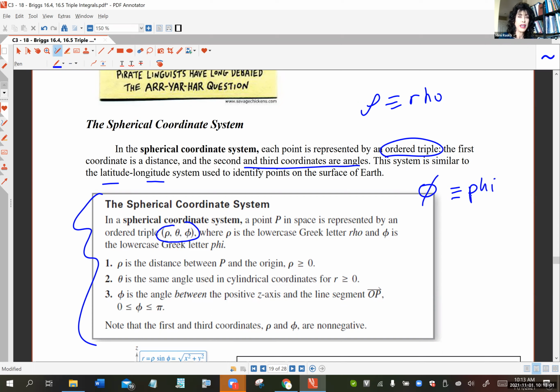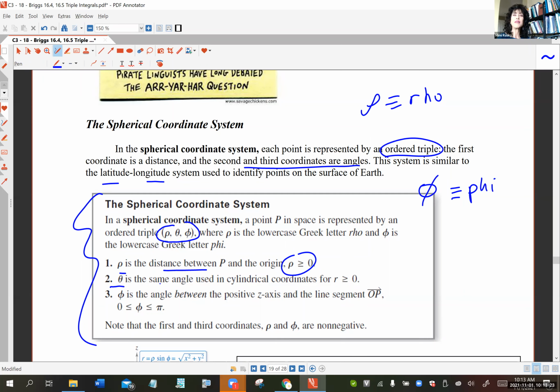Some people pronounce it differently; I've heard different pronunciations. I'm going to pronounce it phi. So rho, theta, phi is your ordered triple. Rho is a distance, the distance between your point and the origin. So it's always non-negative, greater than or equal to 0.